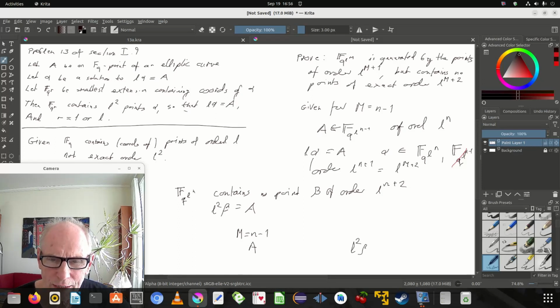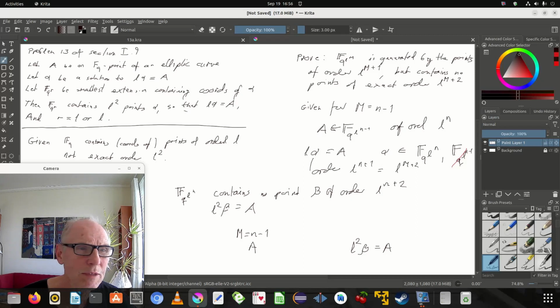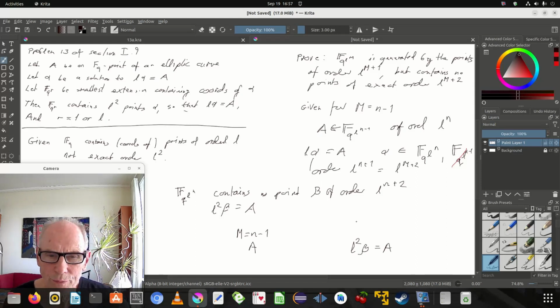We find a beta, and then we must put Q either to the first or to Lth, and that means that it was Q to L to n minus 1, and that must be put into Rth, where R is either 1 or L squared.